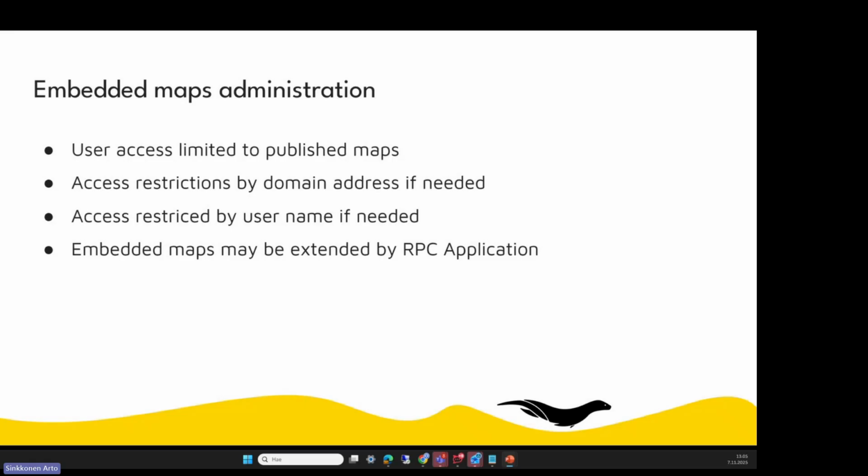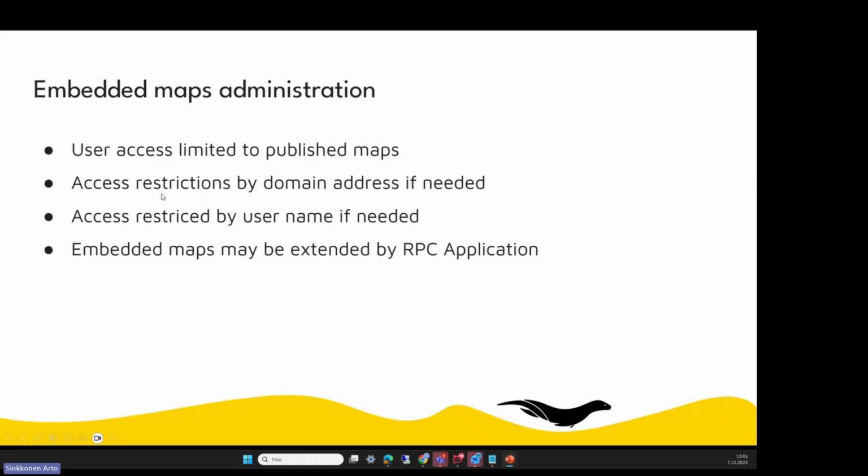And while this RPC application thing is not, strictly speaking, an administrative issue, the published maps can be extended in terms of functionality with the RPC application, and the same administrative issues are relevant there, just as I mentioned.